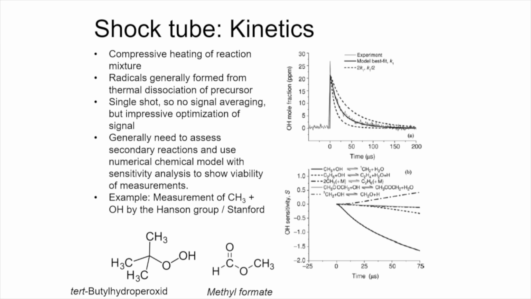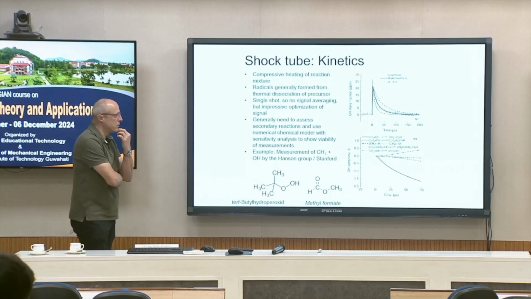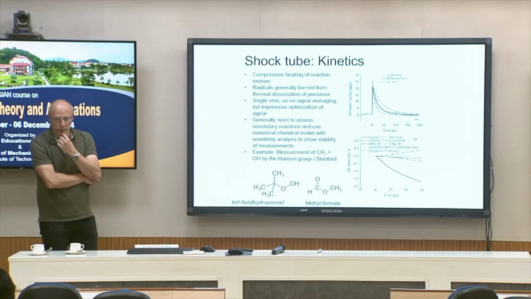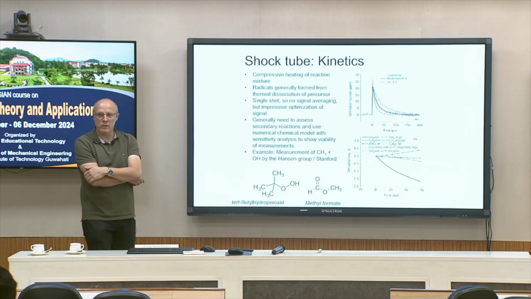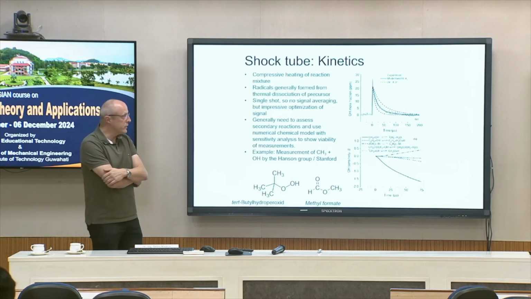We have, of course, no single shot experiment, so we get one signal per experiment. But we can use this to examine specific reactions, which gives us some limited information, but this can be used, for example, together with numerical work to examine reactions in detail.